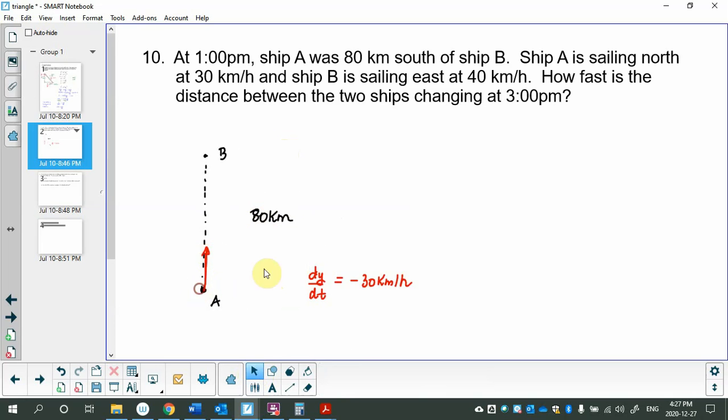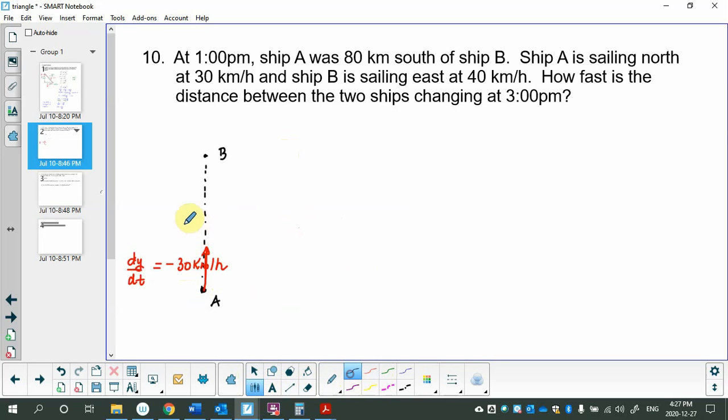Give me a sec to move this stuff. There we go. Ship B is sailing east at 40 kilometers an hour.